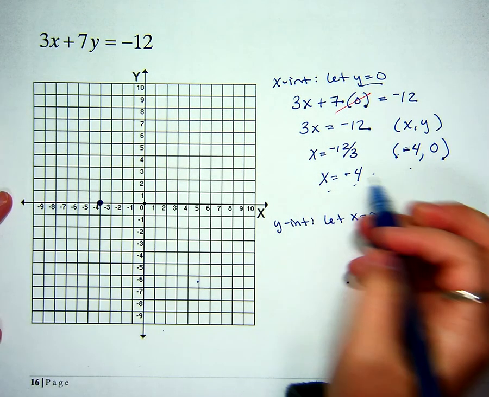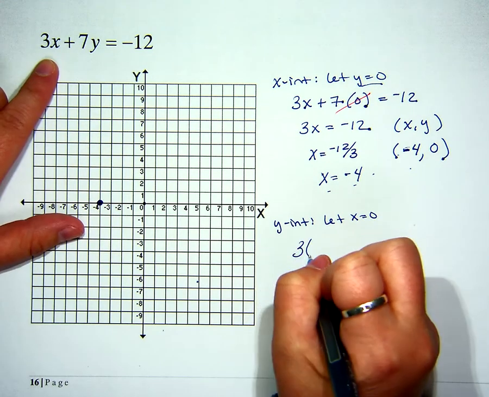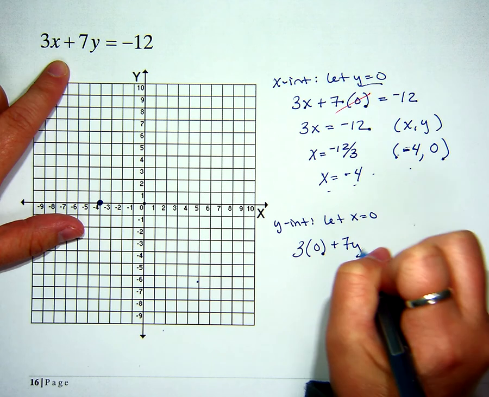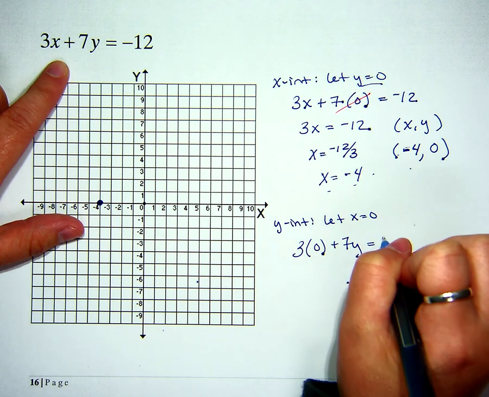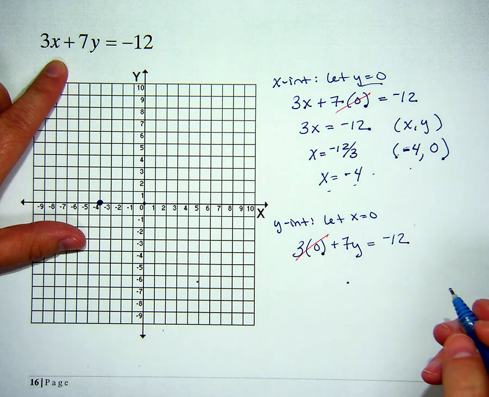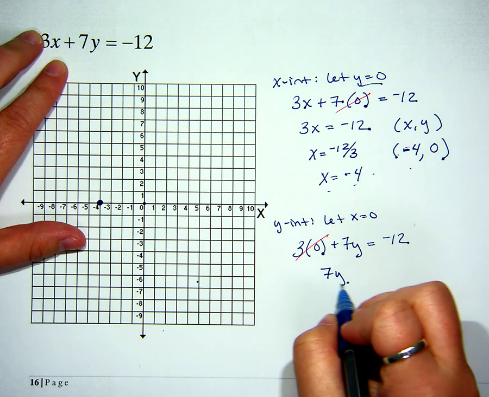For your y-intercept, we're going to let x be 0, so I have 3 times 0 plus 7y equals negative 12. 3 times 0 goes away. 7y equals negative 12.